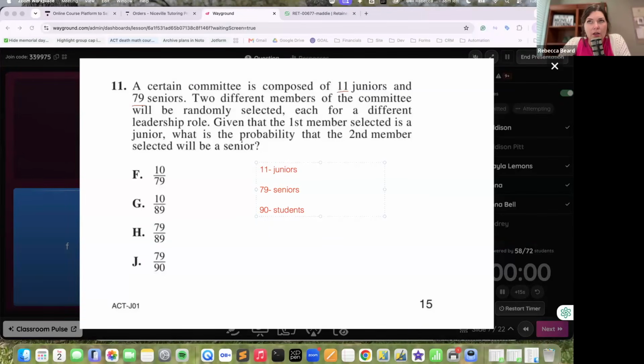They are not saying that they will put the kid back, so your number has to change. Your new number is going to be 89. And then since they didn't remove any seniors, 79 is going to be the numerator there. So it's going to be H.